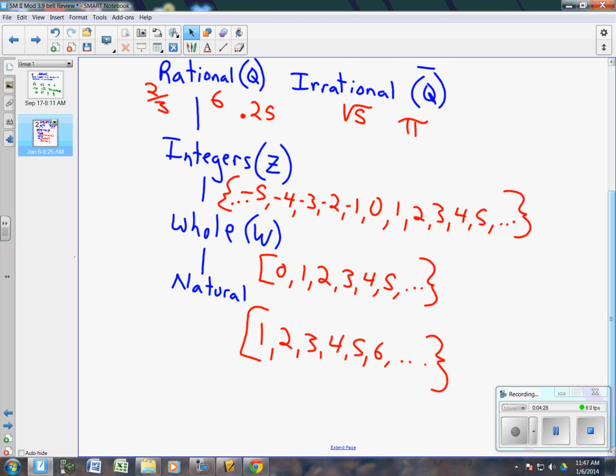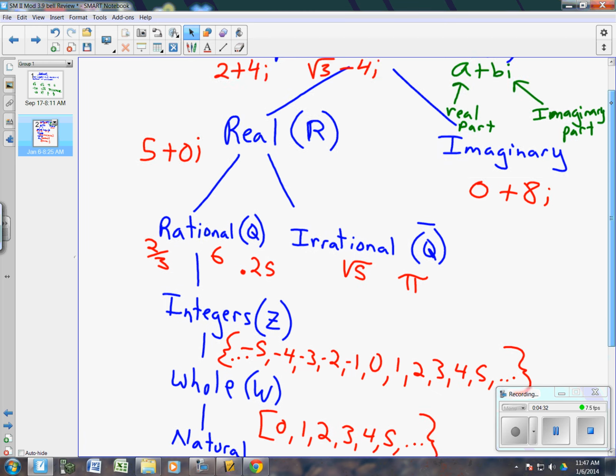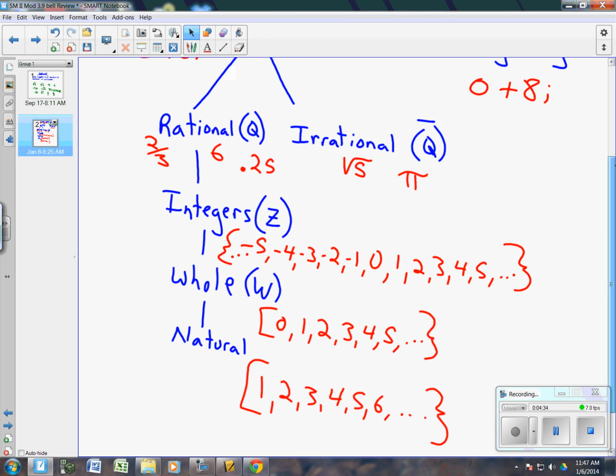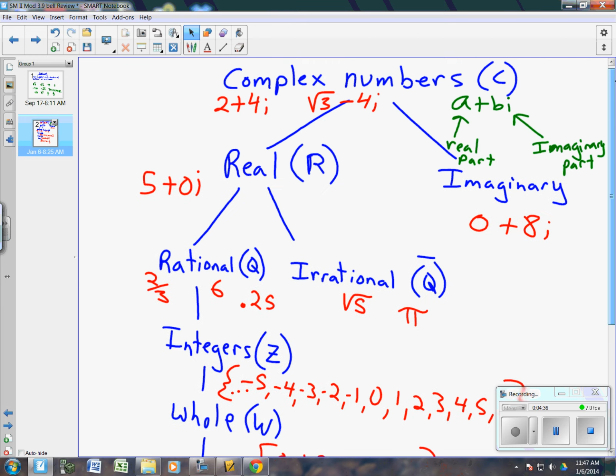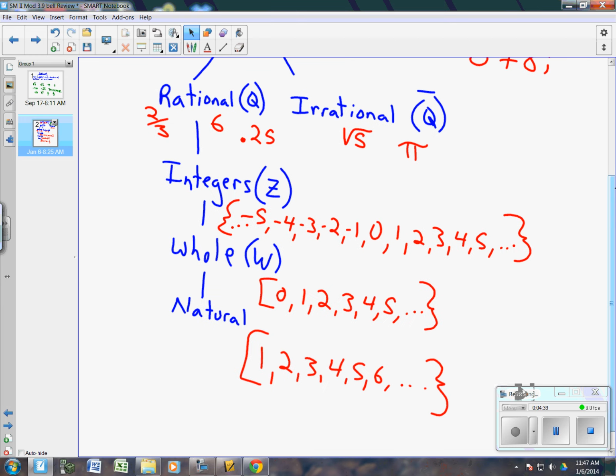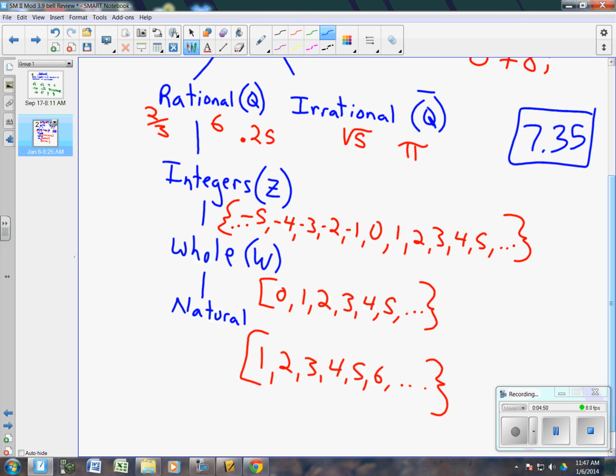Now, I hope you wrote these letters down, because on the assignment I'm going to give you a number. Let's say I give you the number 7.35. The instructions are going to be to list what categories this number goes under, and you're going to list them all.